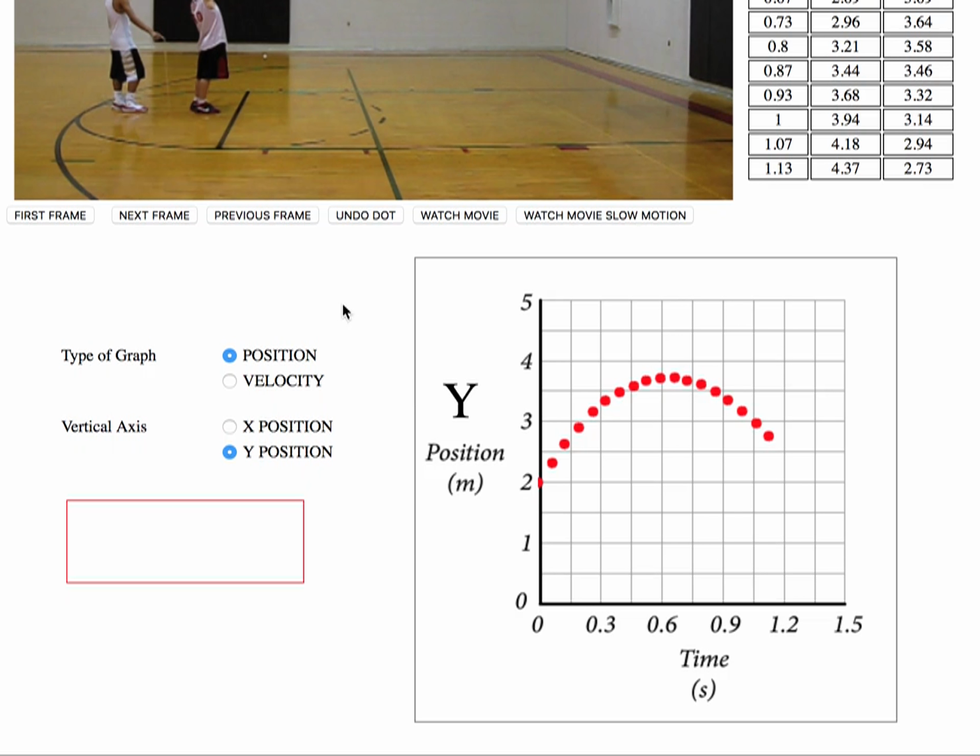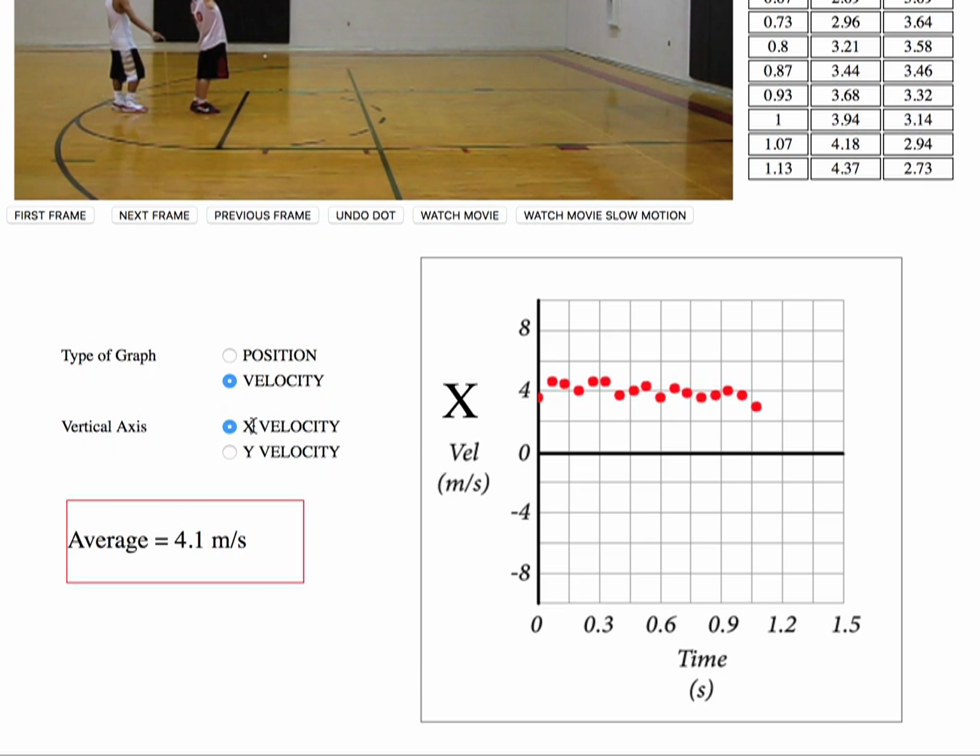Now we're going to look at velocity graphs. So I'm going to change to velocity in the X dimension. Remember that velocity graphs have 2 quadrants. So when you sketch this graph, make sure you form both quadrants.